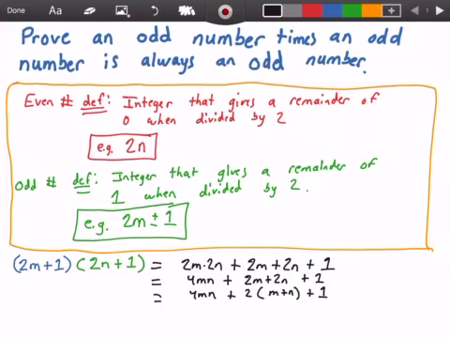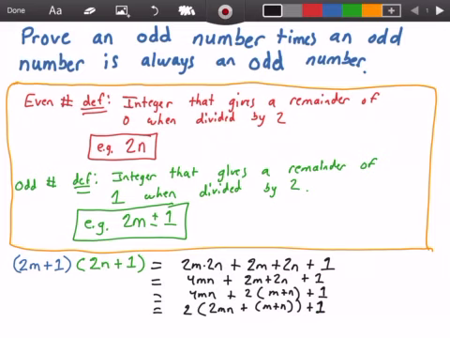All right. And we can factor out a 2 here. So we get 2 times 2 times m times n plus m plus n, plus 1. Okay.